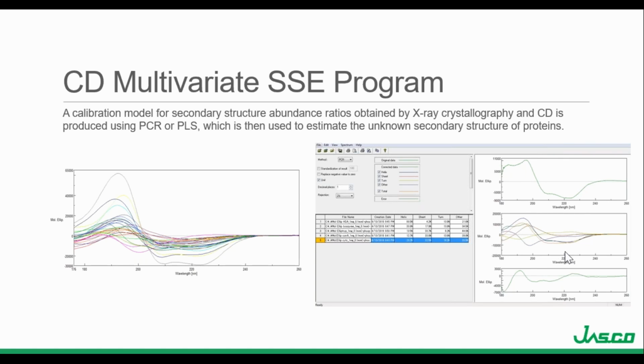In the middle, we have the component fit to that unknown CD spectrum. And then on the bottom, we have the error between the measured unknown CD spectrum and the total fit. And then on the left here, this table is the actual secondary structure estimations or percentages for each uploaded spectrum.